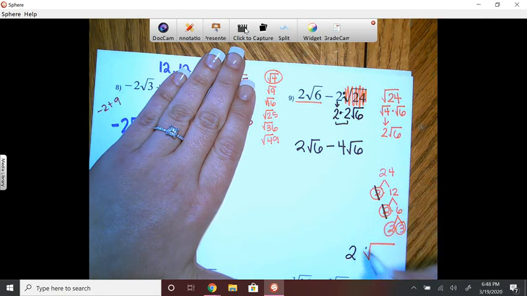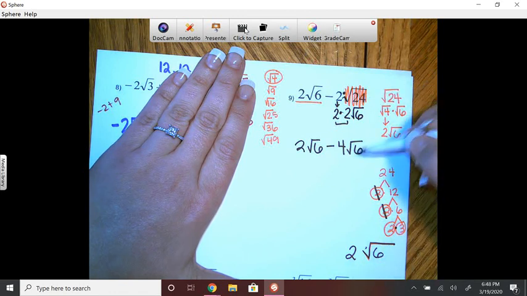Remember our little story that this is the jail, and it needs this many to escape, but only 1 makes it out, one of the 2s. And then these 2 here don't match, so they're stuck inside, so 2 times 3 is 6. So remember, those are our 2 ways to simplify radicals. If you need more practice on that, please refer to the previous section.